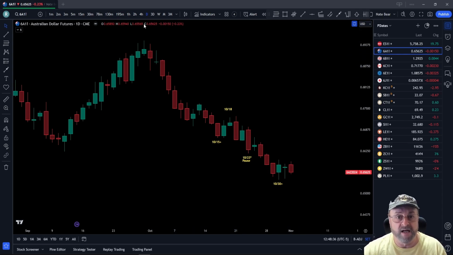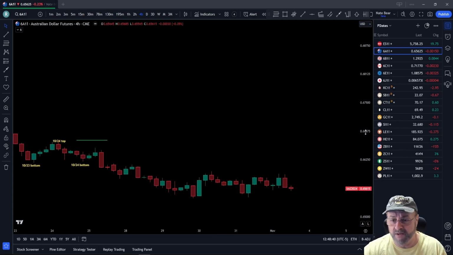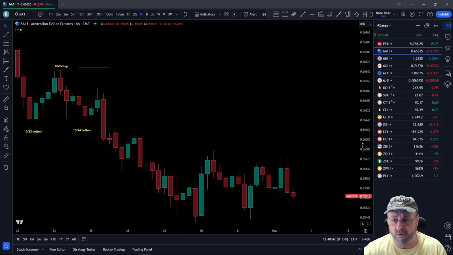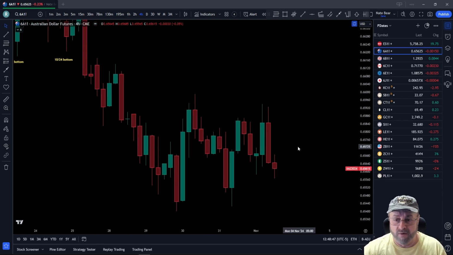And let's go to the 4-hour chart here and see what that would look like if you wanted to go down one more level. Okay, there's part of the inside bar right here. So this one is the high of the inside bar.